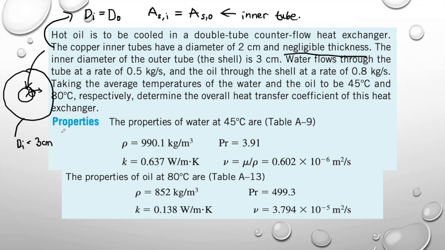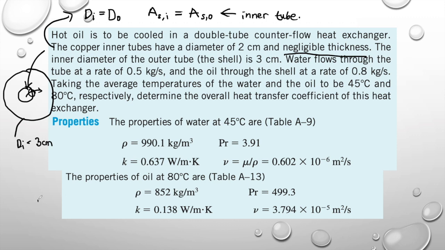Water flows through the tube at a rate of 0.5 kilogram per second. That is the flow rate in the tube, because here it is mentioned that water flows through the tube. The smaller tube is the tube. The bigger tube, the outer tube, is what we call the shell.